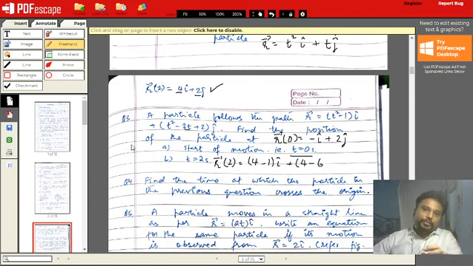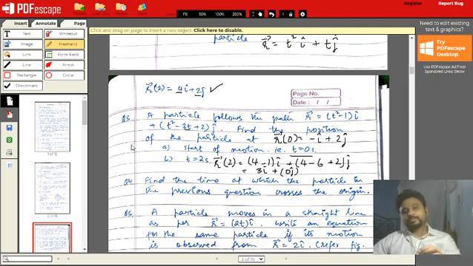We substitute value of 2 here. 4 minus 1 is 3 i plus 0 j cap. So that means at t equal to 2 seconds, the particle is at 3 i plus 0 j.